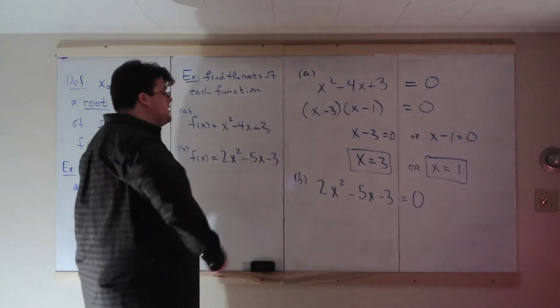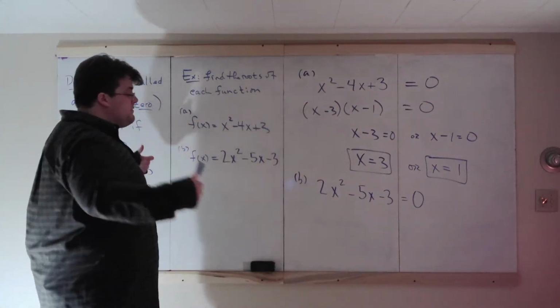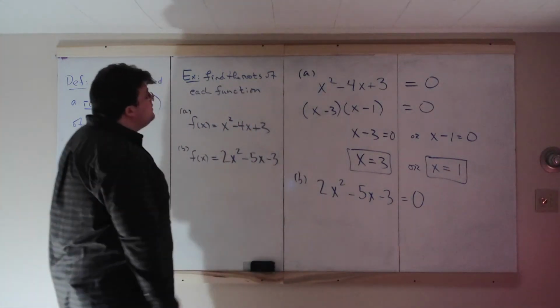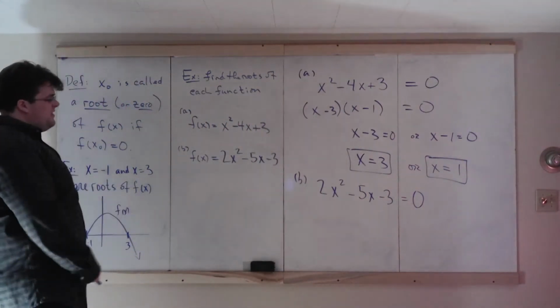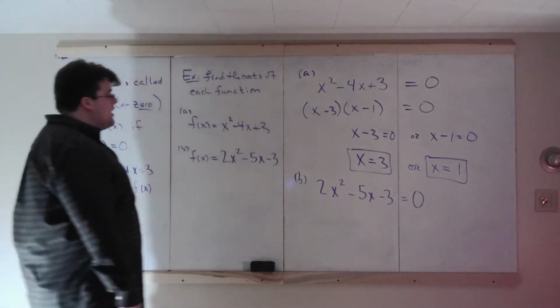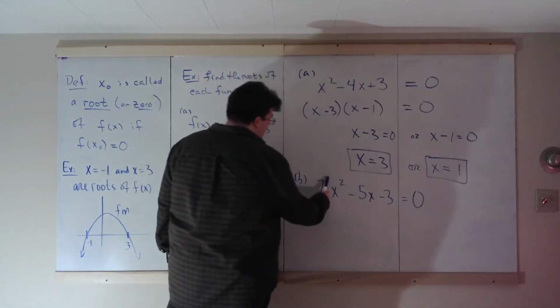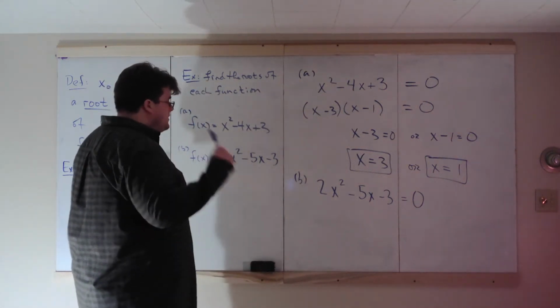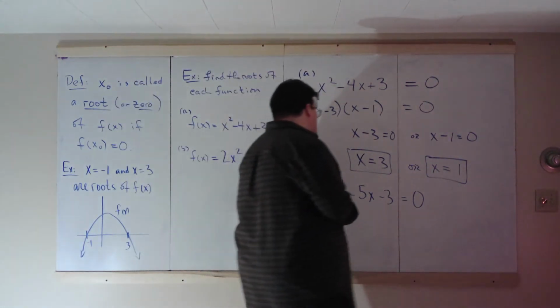Of the times it's not a 1, most of the time it will be a prime, like 2 or 3 or 5 or 7. It's very rare, but I have asked it, that I put a number like a 4 or a 6 or an 8 in front of them because it's kind of a pain.